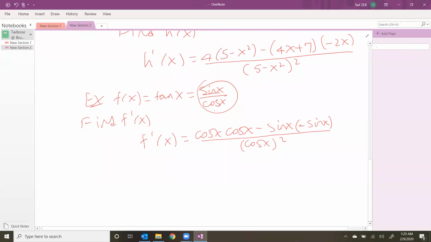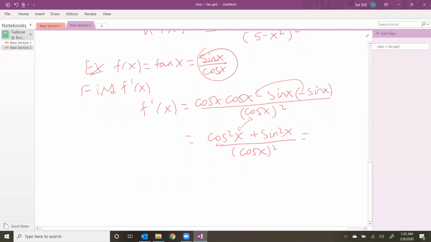Now you can see here I have a minus, and with the minus it becomes plus. So cos x times cos x is cos x the whole square, also written as cos square x. They are exactly the same. So we get cos square x plus sine square x divided by cos x the whole square. From the fundamental identity from trigonometry, we know that cos square x plus sine square x is 1.